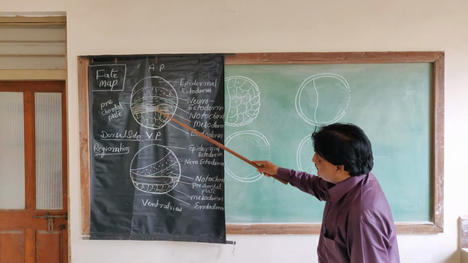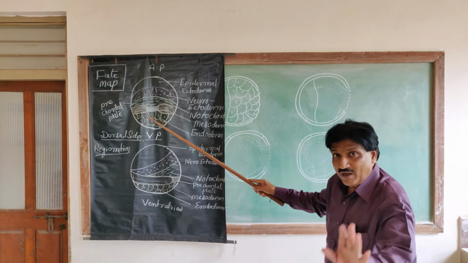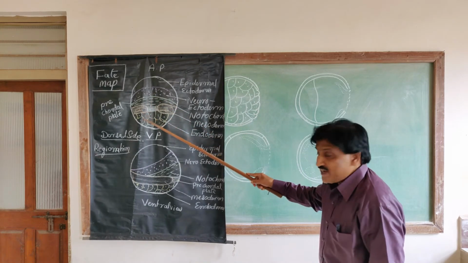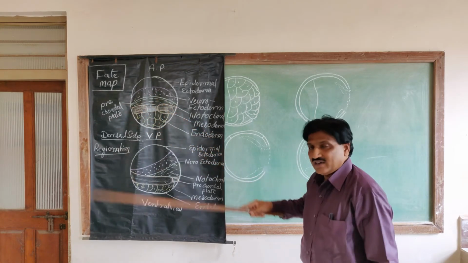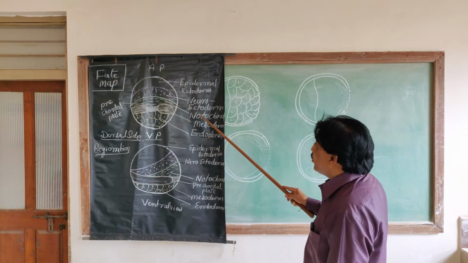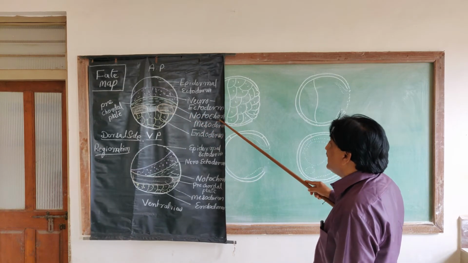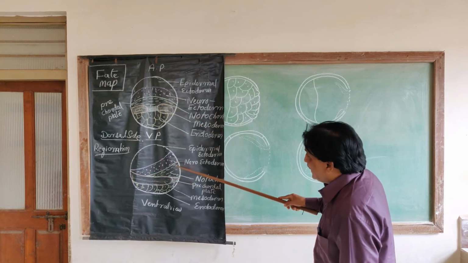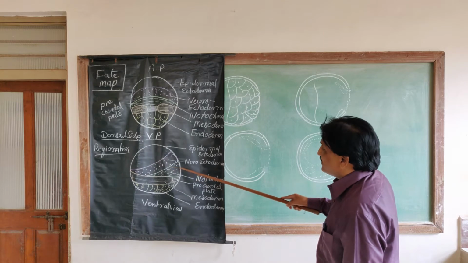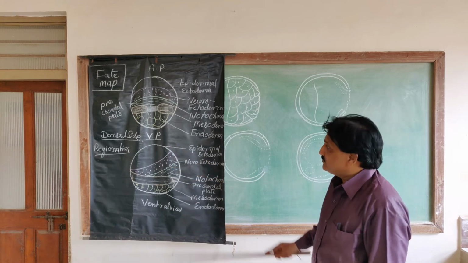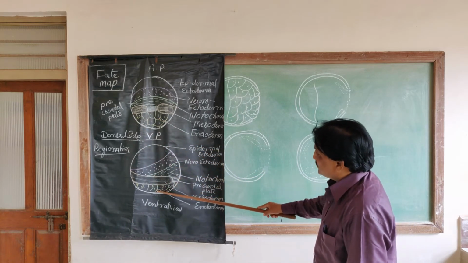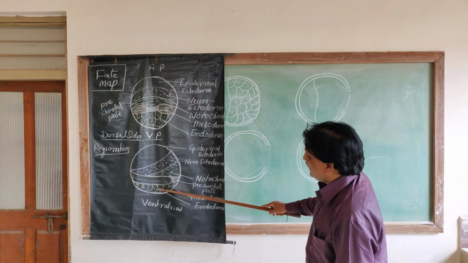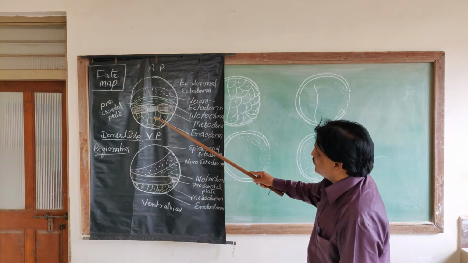In front of the macromeres or endoderm, there is an area. That area is called the notochordal area. See the dorsal side as well as the ventral side. But that area is very small on the ventral side compared to the dorsal side.